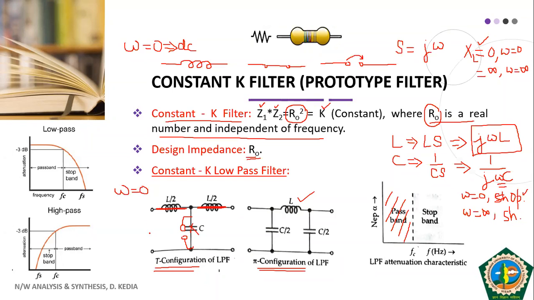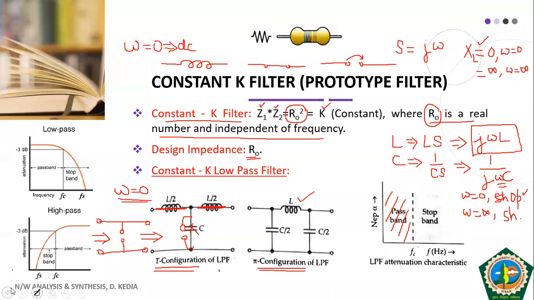In a way, for zero frequency, this circuit becomes like this. It is short, so connected with a wire, and it is open. What does it mean? Whatever you give at the input, exactly the same comes at the output. So for zero frequency, meaning low frequencies, it is passing the lower frequencies as it is.